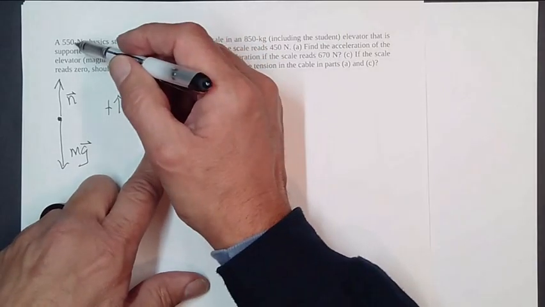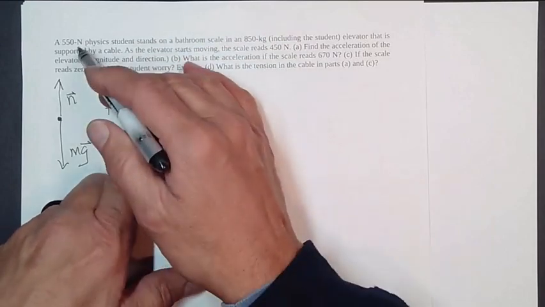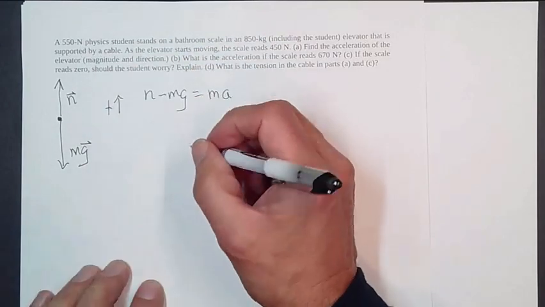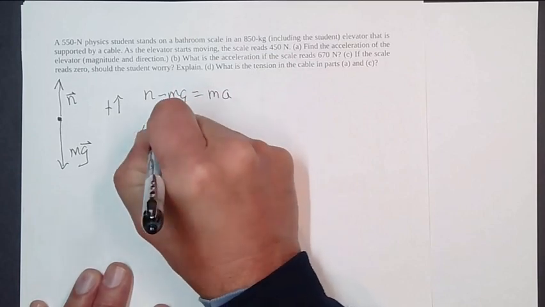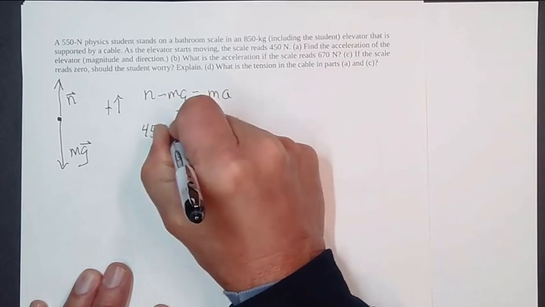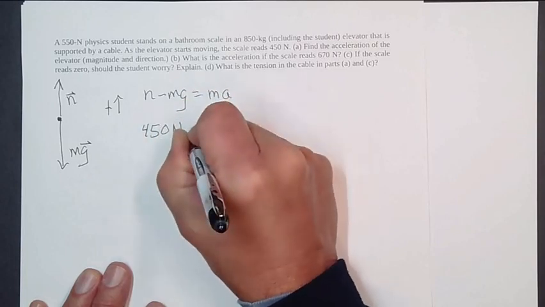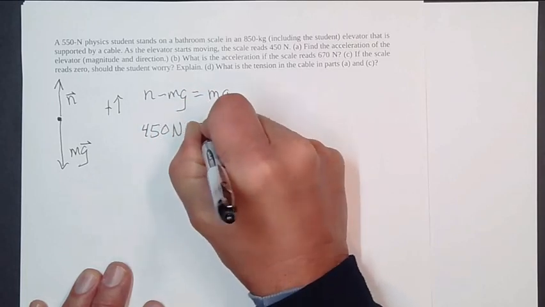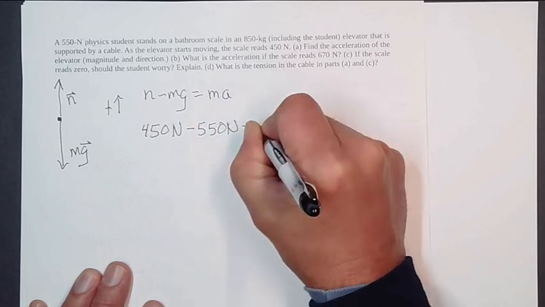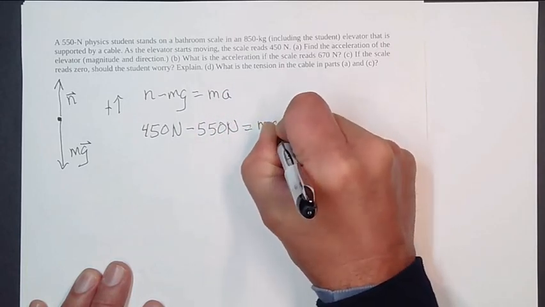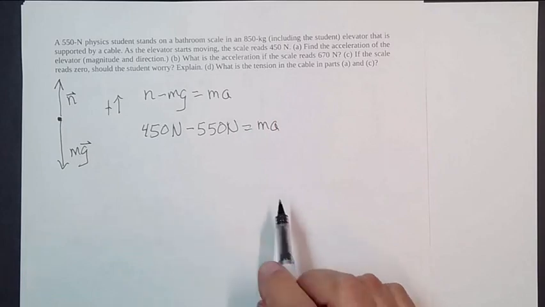We know that the student has a weight of 550 newtons. So what we've got for this first part is that the normal force is 450 newtons, the student's weight is 550 newtons, and that'll equal the mass of the student times the acceleration.